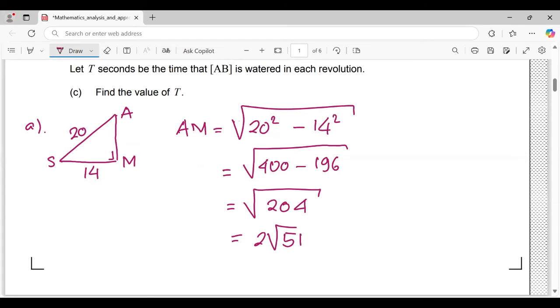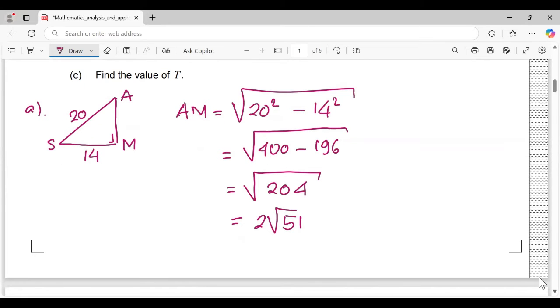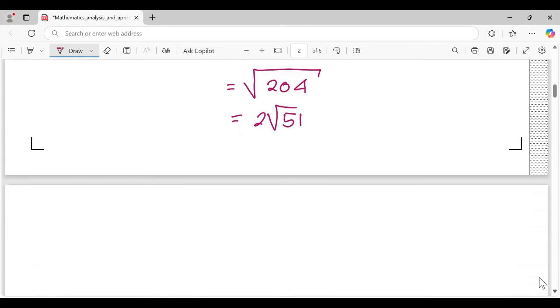Next, we can determine AB. The triangle is like this: S here, A here, B here, M here.